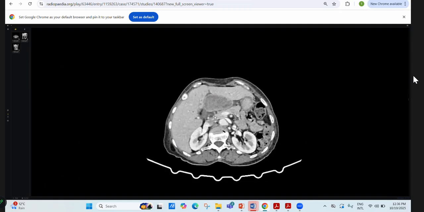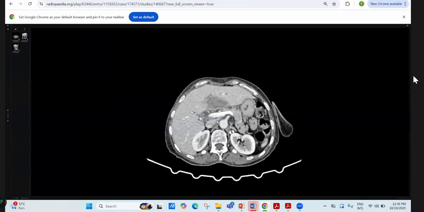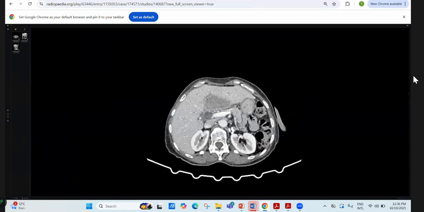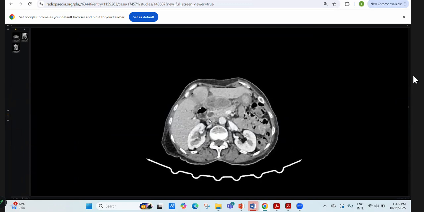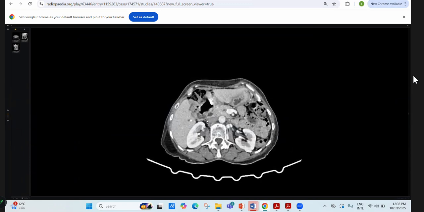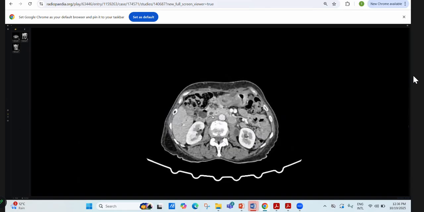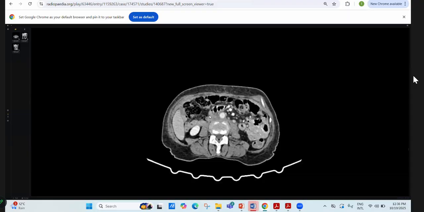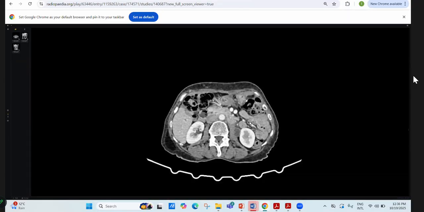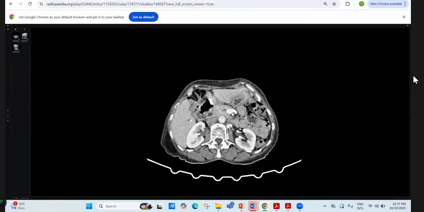So I can see that the CBD also appears dilated, and I'm suspecting a dense focus, or this is just a vessel. I will check the rest of the findings and come back to this.